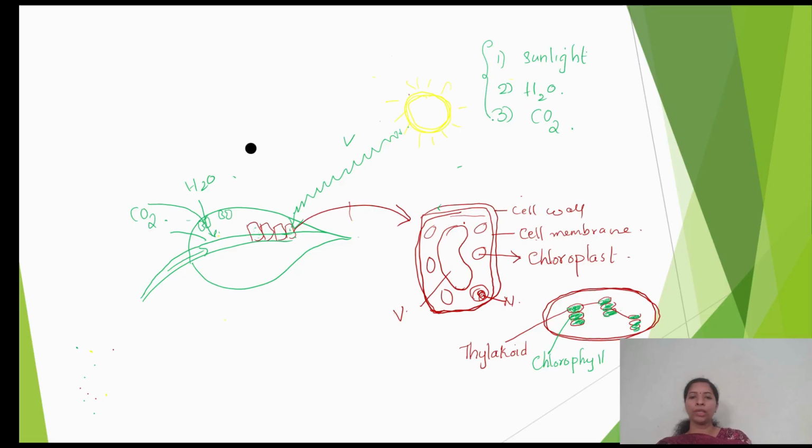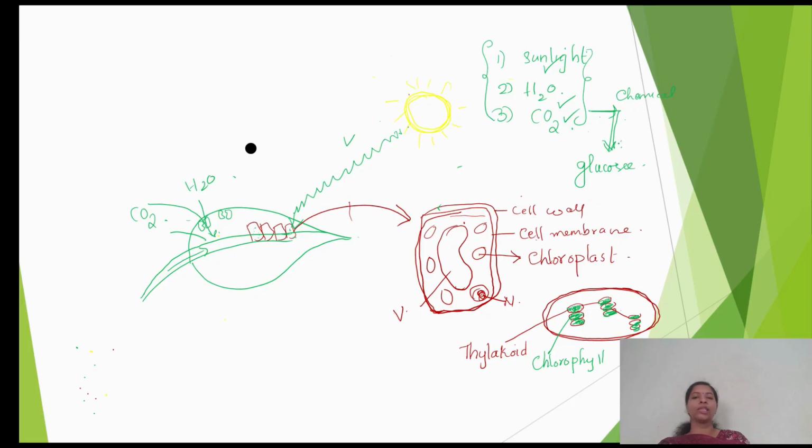So all the raw materials we got, that is sunlight, water and carbon dioxide, along with chlorophyll. Once all these raw materials come together, there is a chemical reaction which leads to the formation of glucose, which is the food.